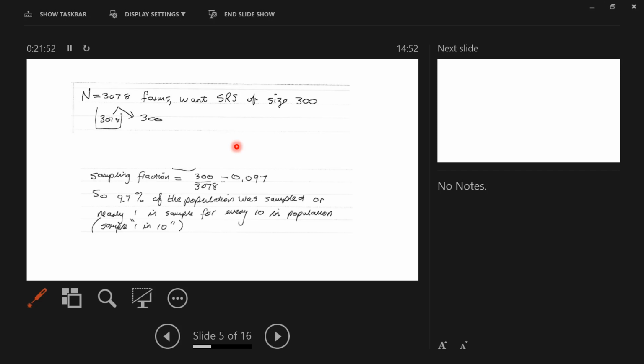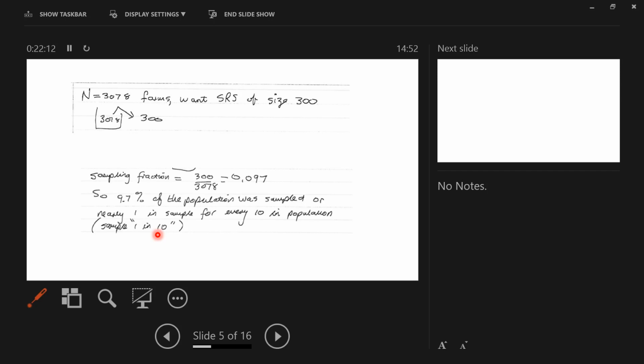You should be able to, if somebody gives you something like that, change it to sampling 1 in 10. I don't just want to know the fraction is 0.01. Say you work out a fraction is 0.08. You should be able to say that means roughly 1 in every so many farms.